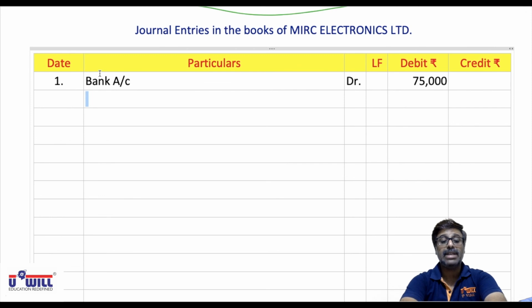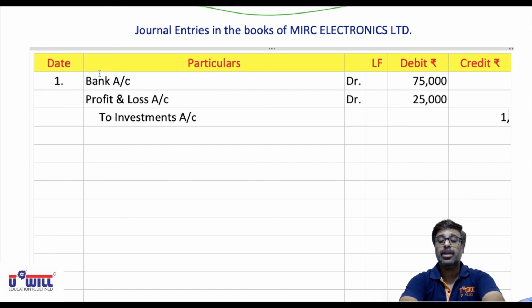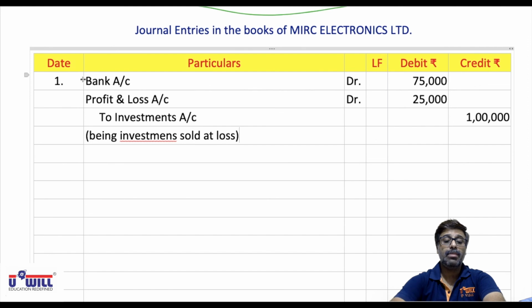By the rule, debit all expenses and losses: profit and loss account debit with 25,000. Investment goes out, credit what goes out, to investments account, 1 lakh. Being investments sold at loss.